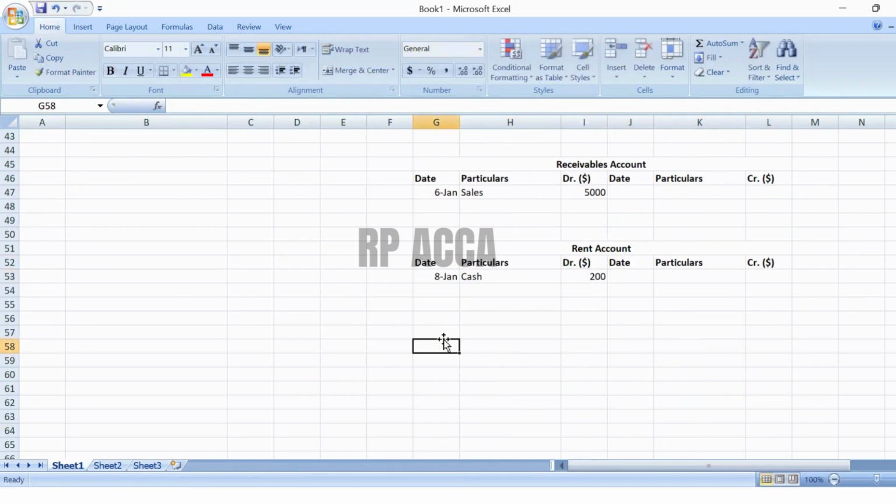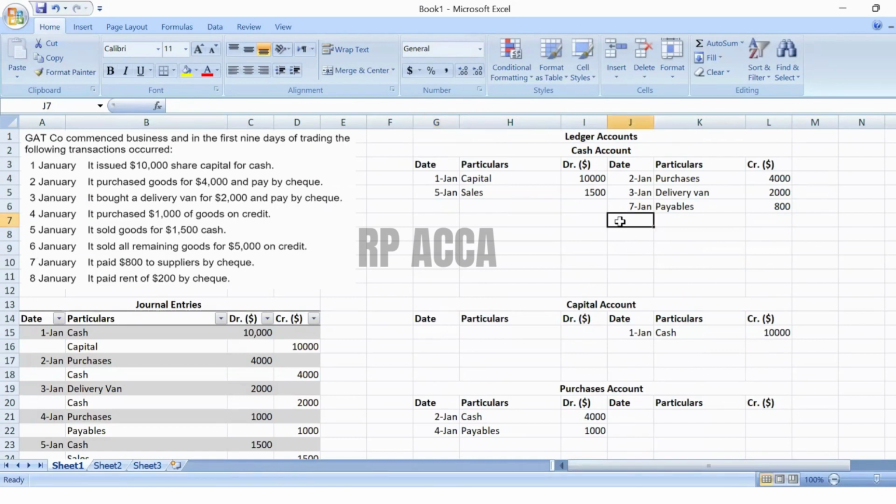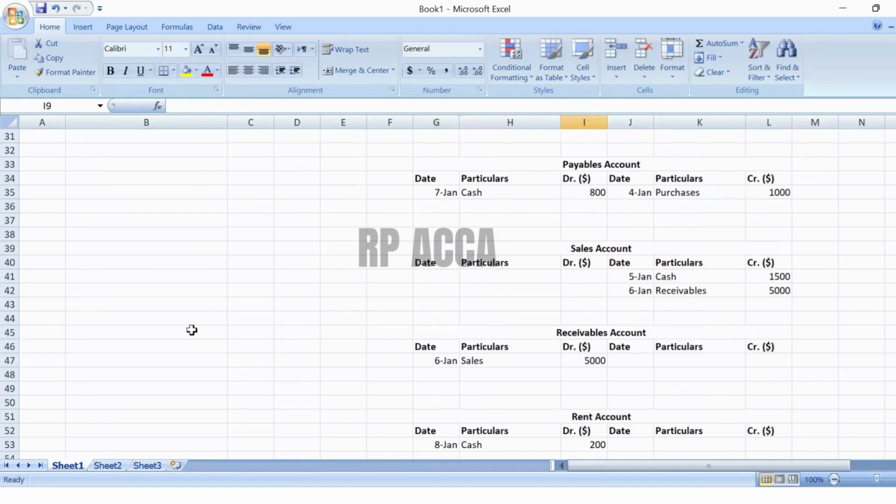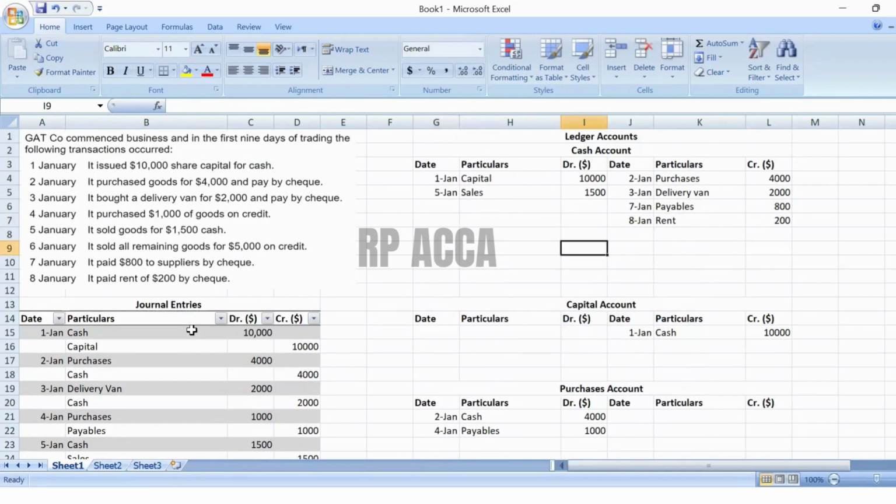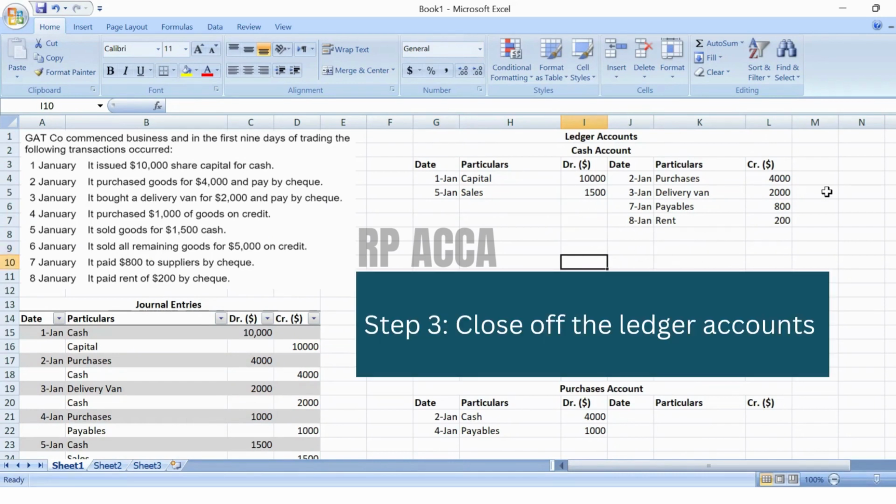And in cash account, we will credit. Okay. All transactions are recorded in journal and analyzed in ledger. Now it's the third step, which is to close off the ledger accounts.